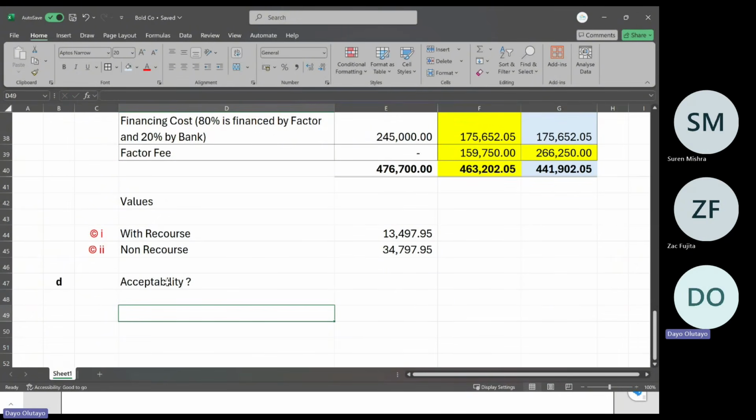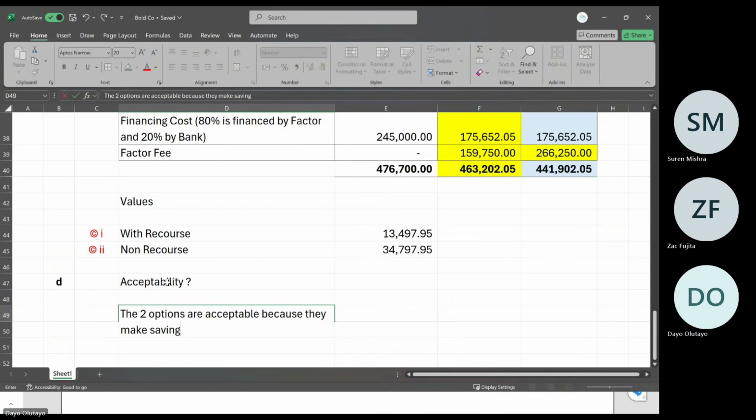So we're going to say it this way. The 2 options are acceptable because they make savings for both co. However, the offer without recourse gives more benefit.